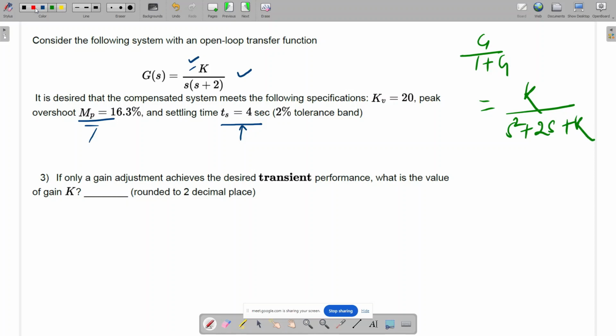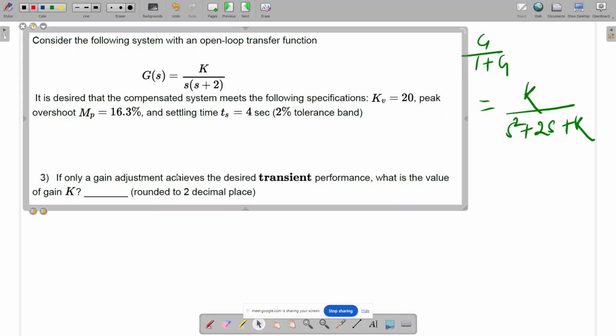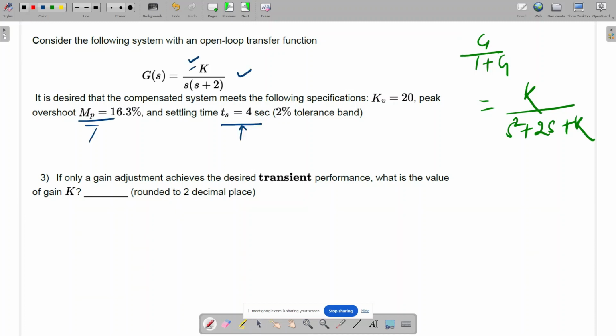And we can calculate the value of zeta from Mp. Mp is equal to e to the power minus zeta pi divided by square root of 1 minus zeta square, and this is equal to 0.163. So we can take ln on both sides, and we can calculate the value of zeta.